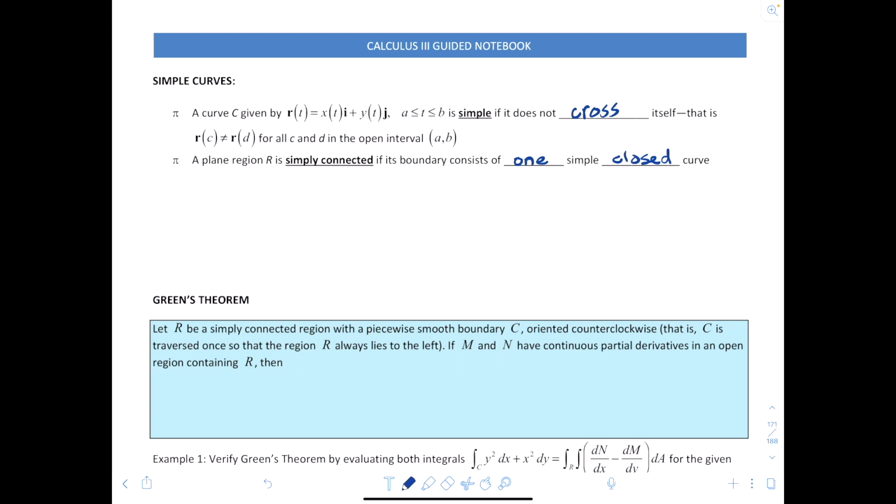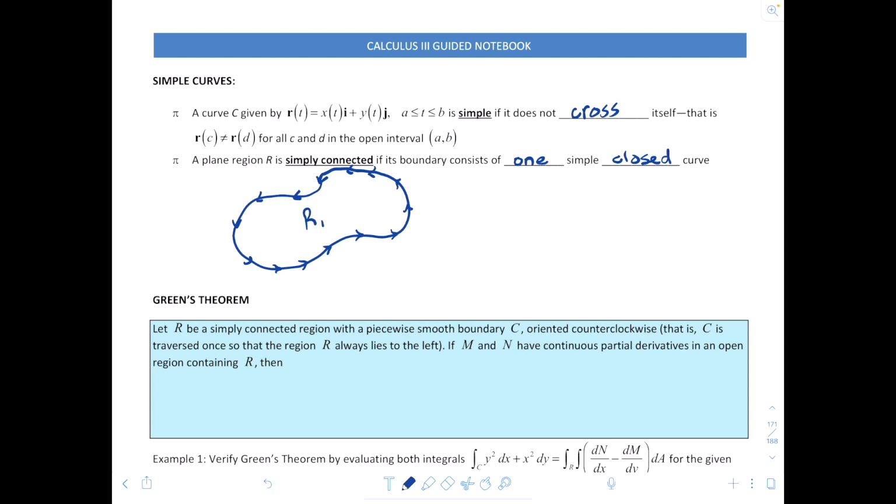So if you have something like this, and let's say it's oriented like so. I know I get a little ADD about my arrows, sorry.